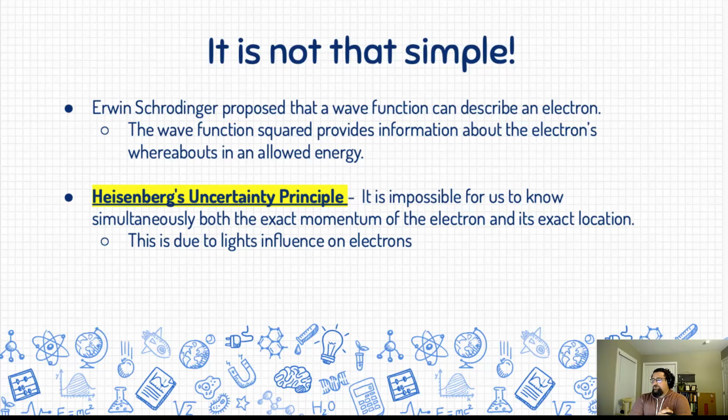So what this turned into is the idea that the electrons aren't going to move in circles around the nucleus. They're not going to orbit it, but they're going to move in almost any direction they want within a certain area of energy.